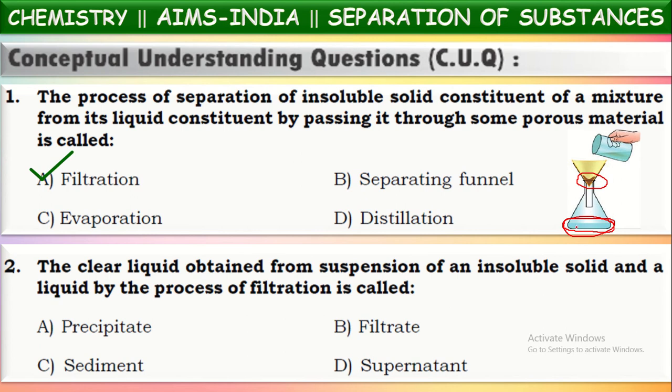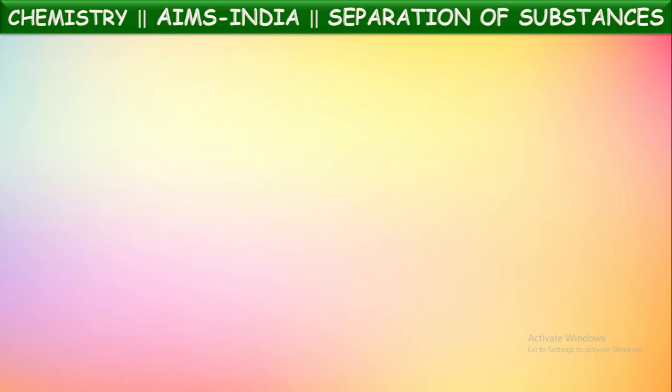It is called filtrate. And the insoluble solid substance remaining in the filter paper is called residue. Okay, the solid is residue and the pure liquid obtained is called filtrate. This process is called filtration. Got it? See the next question.